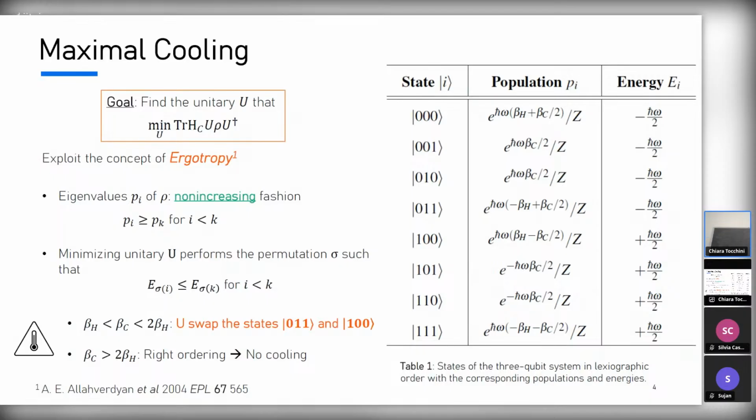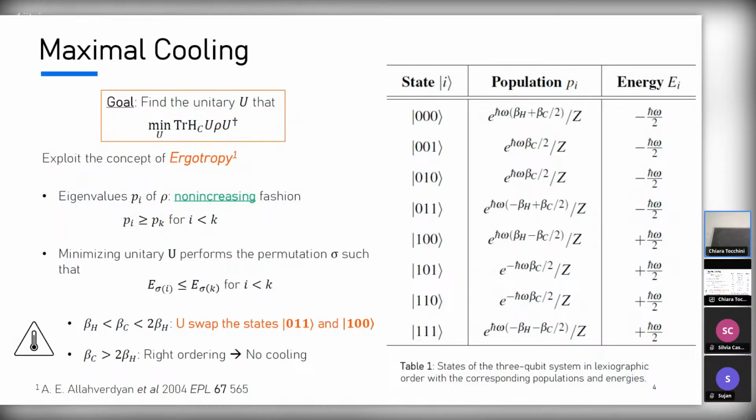One is this, where if we look at all 8 states in lexicographic order, where the first one is the cold qubit and the other 2 are the hot ones, we see that the energies are already ordered in an increasing fashion, and to reorder the population, we have just to swap the states 011 and 100.